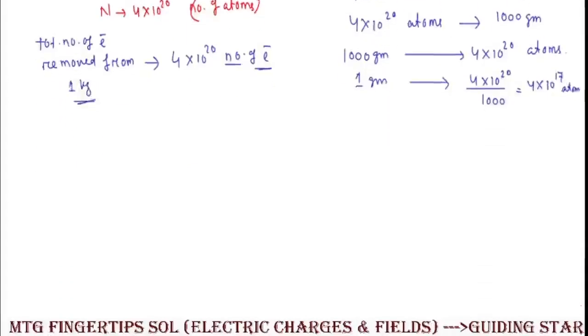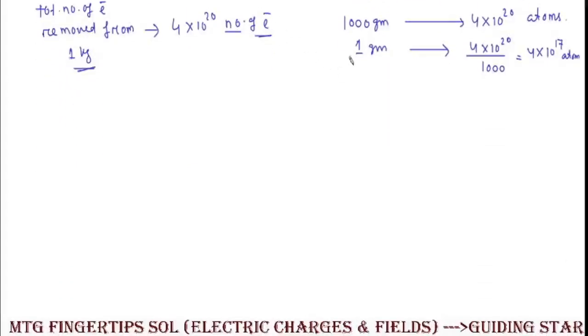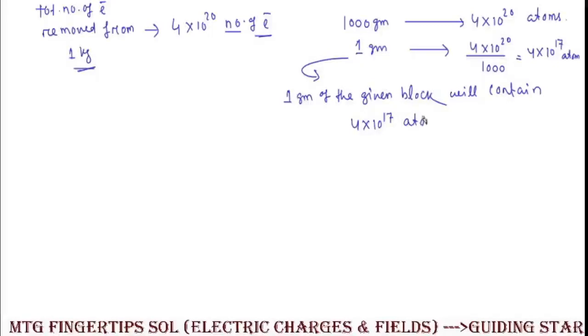That means 1 gram of the given block will contain 4 into 10 to the power 17 atoms.